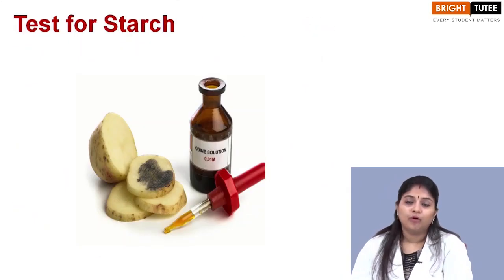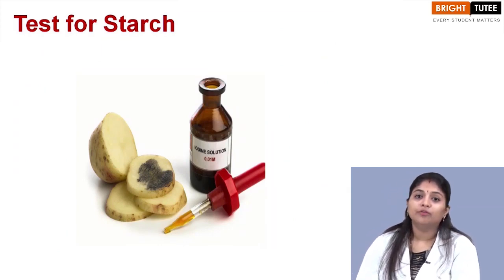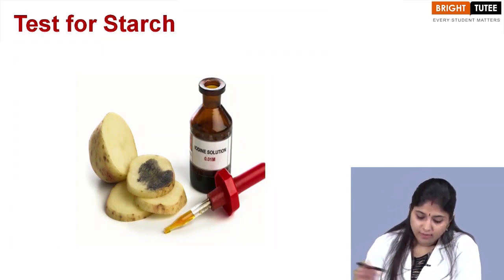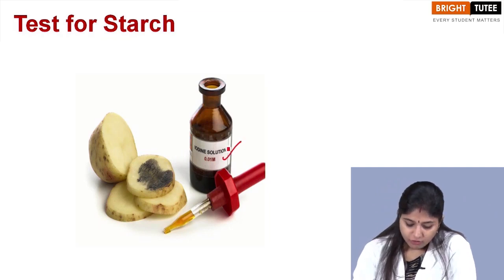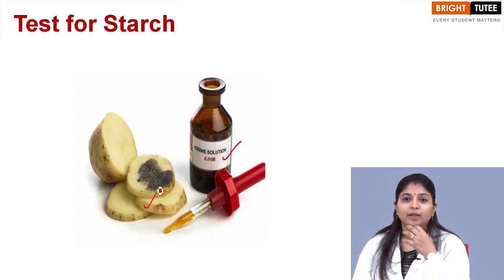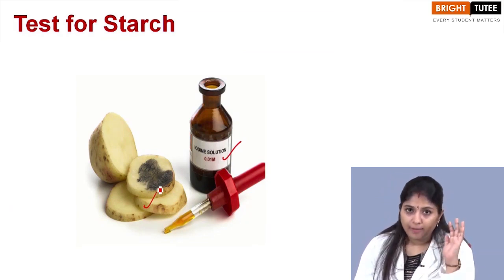There is a certain test that we perform to see whether or not a particular food has starch in it, correct? What is that test? We can see a picture depicting iodine solution and potato. How do we go about doing this? It's a very simple activity which you can perform in your lab also, correct?